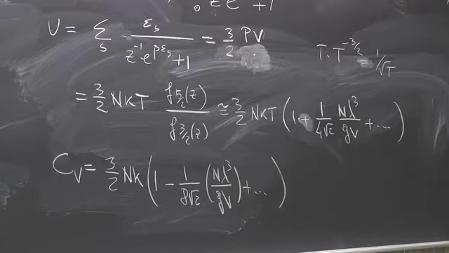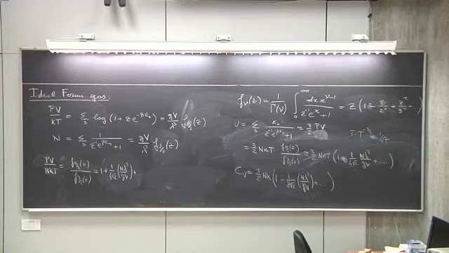Okay, so this is the behavior of a Fermi gas at high temperatures. So even at high temperatures, there are small corrections.